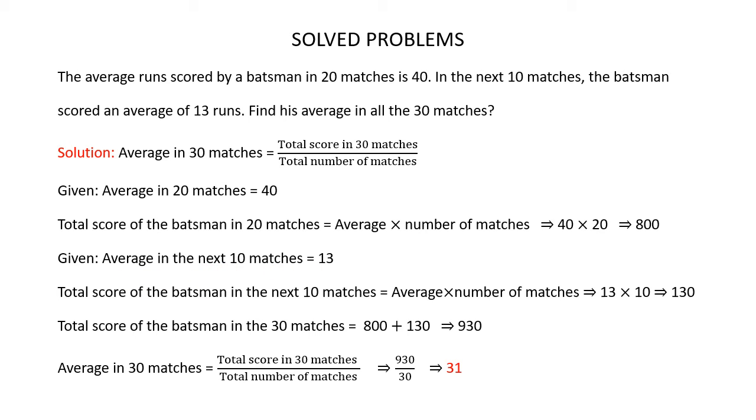So the total score of the batsman in the next 10 matches is equal to average multiplied by number of matches, which is 13 multiplied by 10, which gives us 130. So the total score of the batsman in the next 10 matches is 130. So the total score of the batsman in 30 matches is 800 plus 130, which is 930.